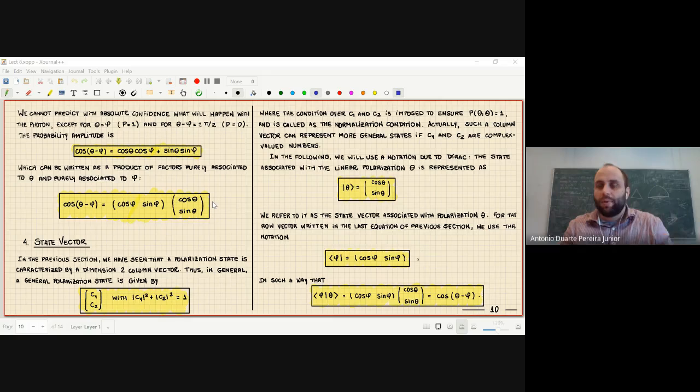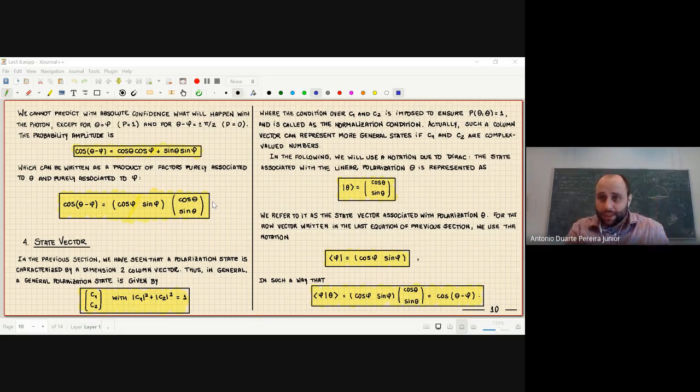When I say vector, you don't keep in mind the classical physics meaning of vector, which is an arrow that represents a physical quantity in some direction in space. Here you have to think about a vector as an element of a vector space.